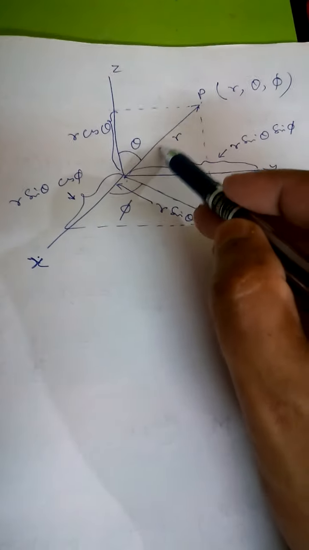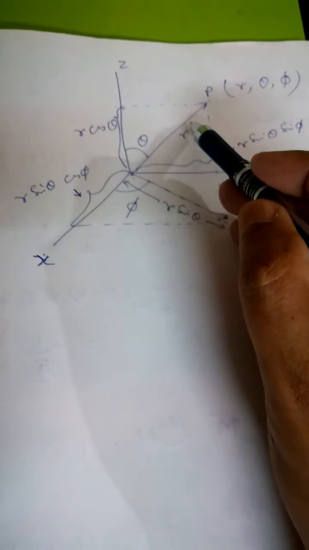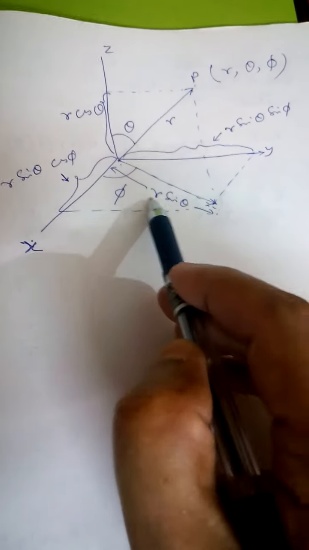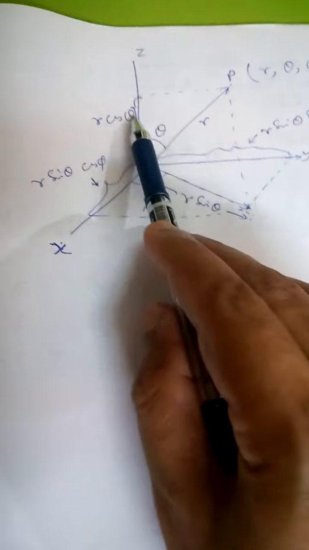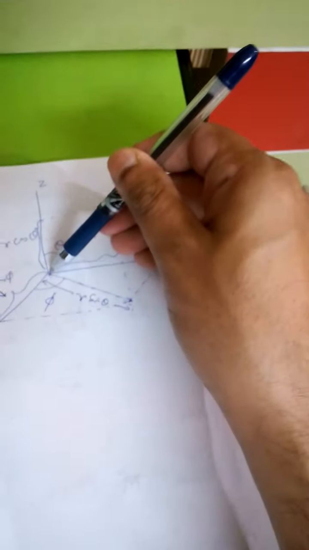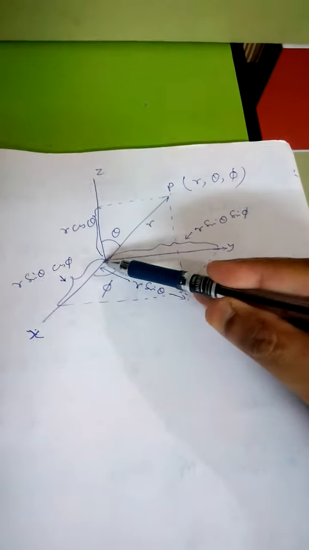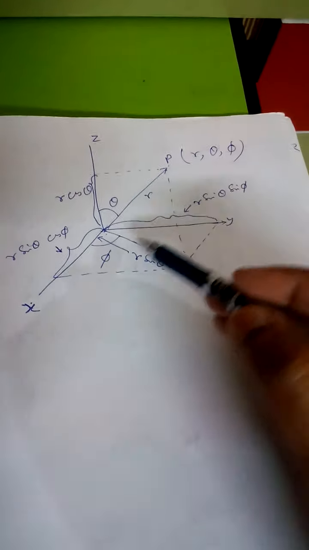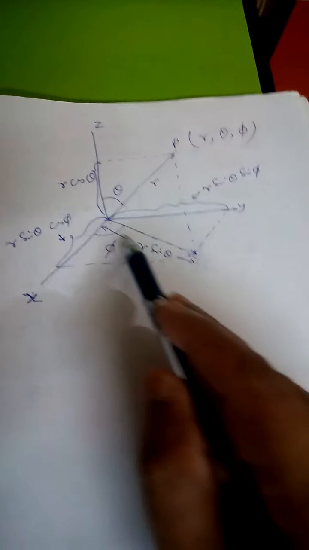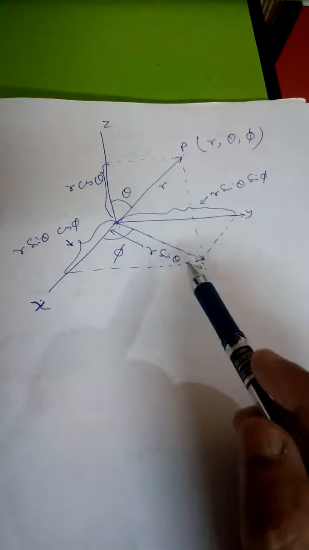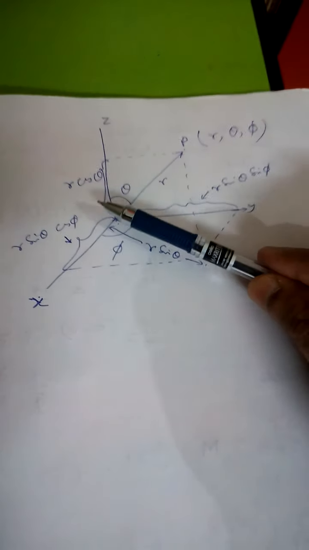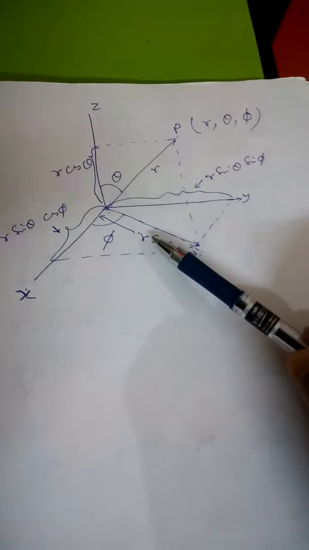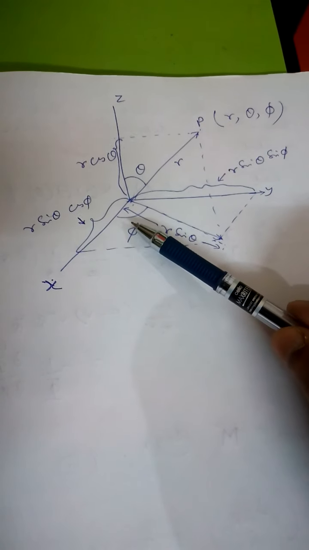And if we take the component of this r in the xy plane, that should be r sin theta. This is r cos theta, this is the r vector in space, and this component on the xy plane is r sin theta. Now this r sin theta length makes an angle phi with the x-axis.